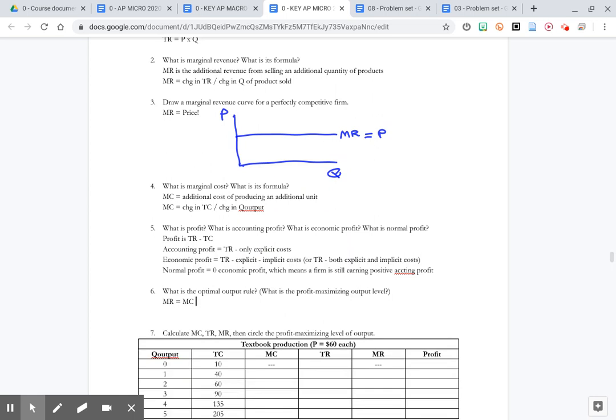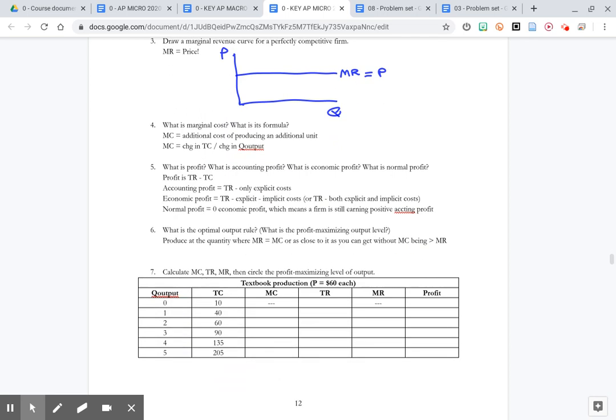It's MR equals MC, which is to say produce at the quantity where MR equals MC, or as close to it as you can get without MC being greater than MR. We don't want marginal cost to be bigger than marginal revenue. That's the key rule.